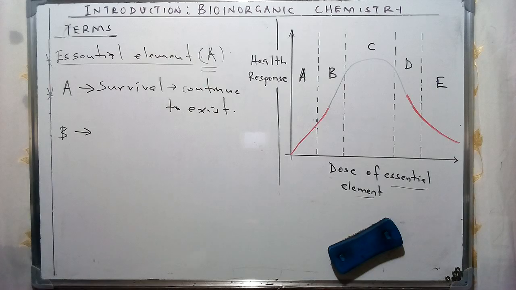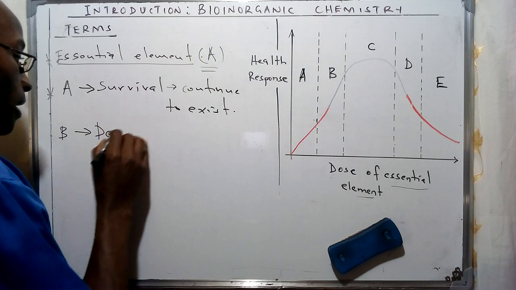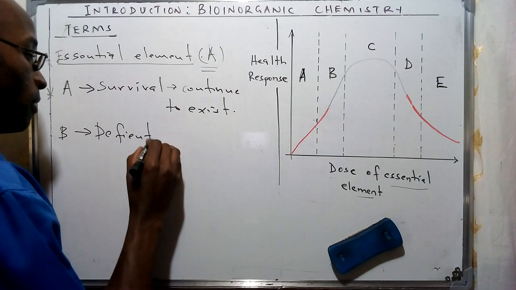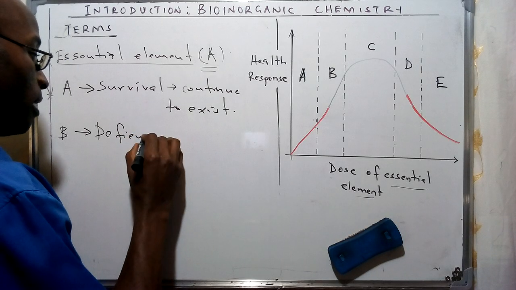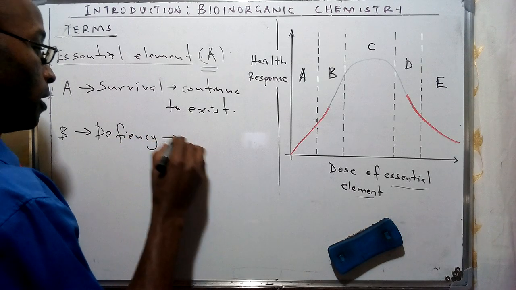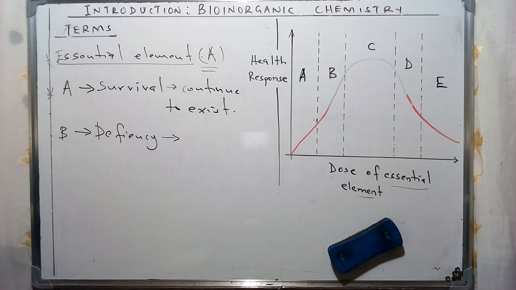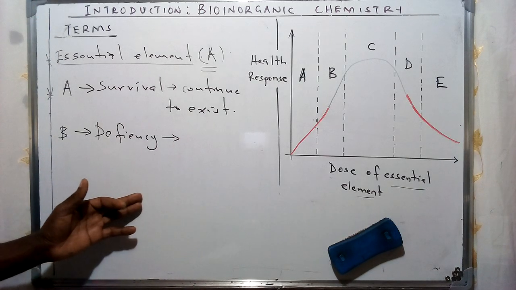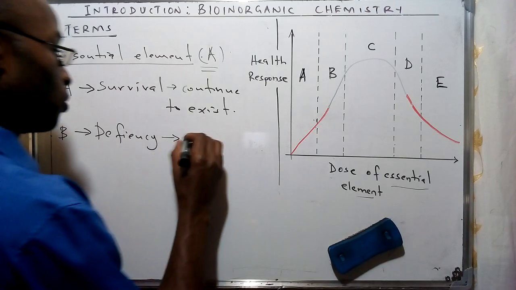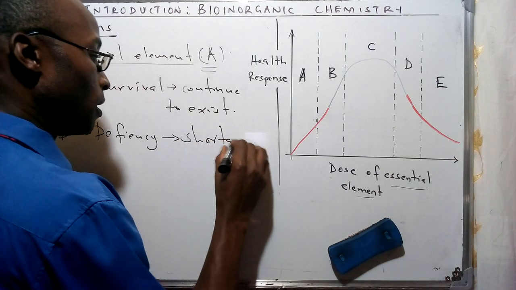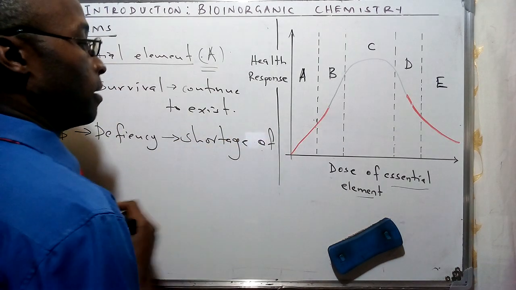And for the stage which has been given as B, this is a state whereby this element is deficient, or we can refer to this as a state of deficiency. This state of deficiency is a state of lacking some necessary elements, or whereby we still have a shortage of this specific essential element.